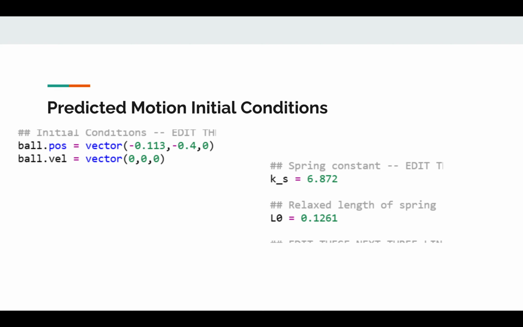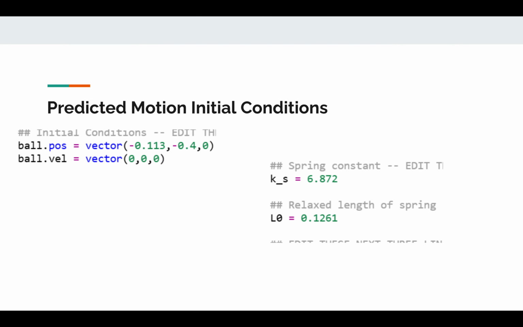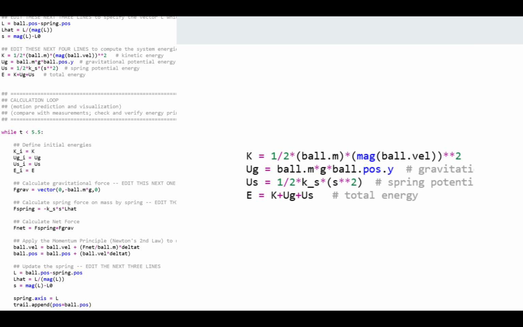And then the position is that point, which I gathered from this: negative 0.1 and negative 0.4 pretty much. And our spring constant is from the observed, and the length of the relaxed spring is also observed.